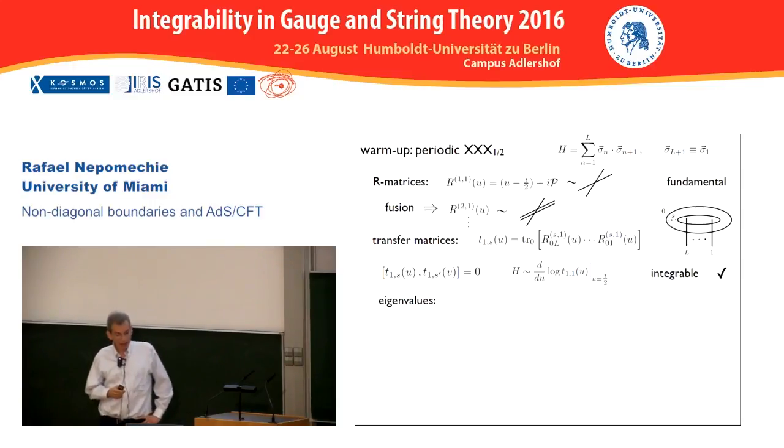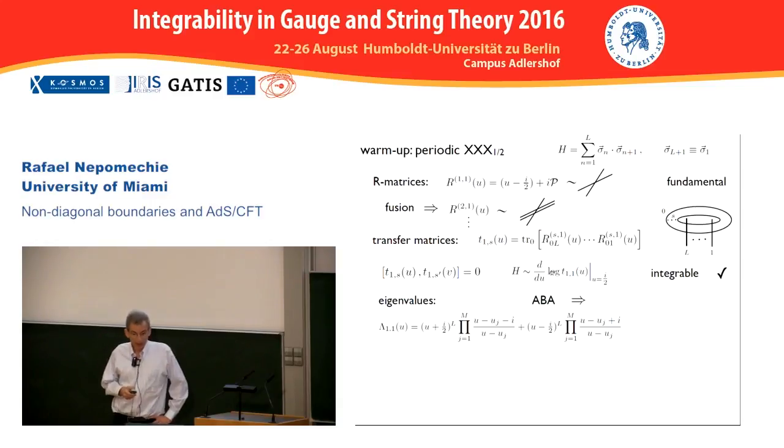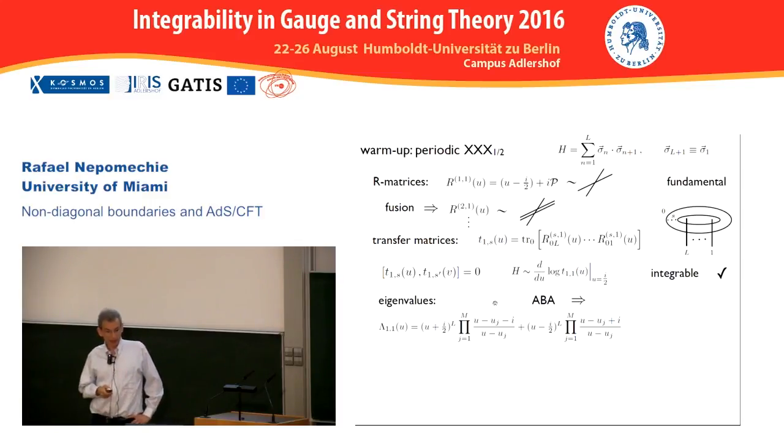Okay, now how about the eigenvalues of all of these transfer matrices, which is what we want? Well, in this case, there is a reference state, and one can execute the algebraic Bethe ansatz. And then it's an old story that the eigenvalues of this fundamental transfer matrix are given by this expression.